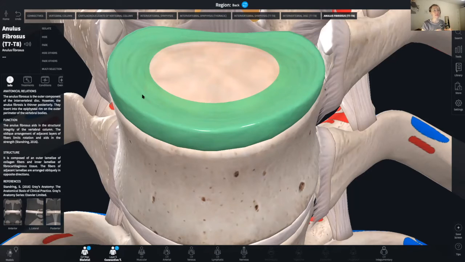So it works as a really nice team, and it's designed perfectly in the fact that it's jelly-like in the middle and then fibrous on the outside to give you weight distribution. It can resist forces such as rotational forces, compressive forces, shearing forces, and then flexion or extension or side bending forces, so movement of the spine.